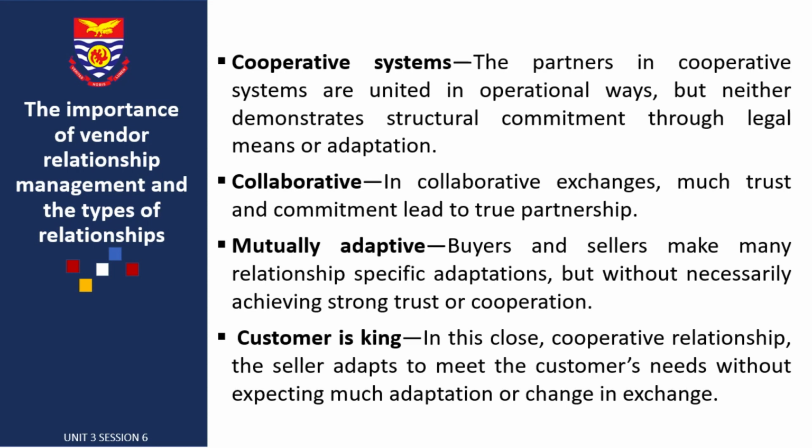We move to the next point. Buyers and sellers make many relationship-specific adaptations, but without necessarily achieving strong trust or cooperation. So when there is mutual adaptiveness, both buyers and sellers may make some relationship-specific adaptations, but without necessarily achieving strong trust or cooperation.